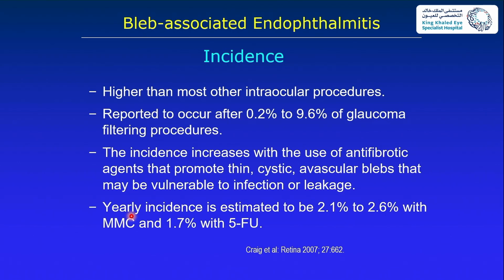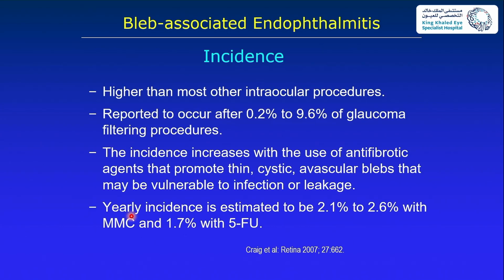If you look at the incidence of bleb-associated endophthalmitis, it is higher than most other intraocular procedures, much higher than after cataract. They reported it to occur after 0.2% to 9.6% of glaucoma filtering procedures. And the incidence increases with the use of antifibrotic agents.